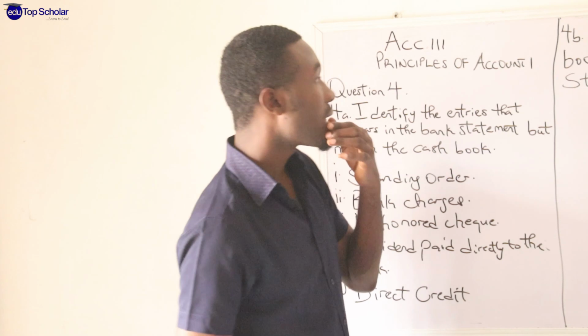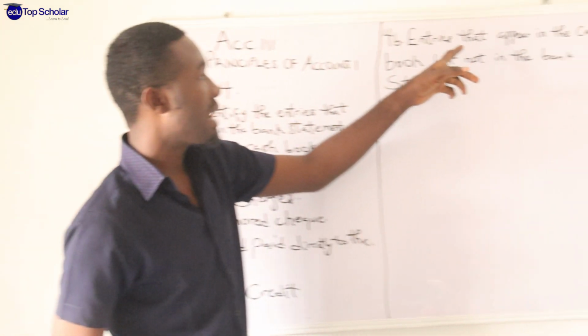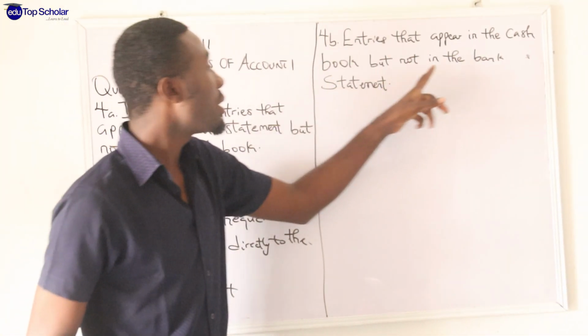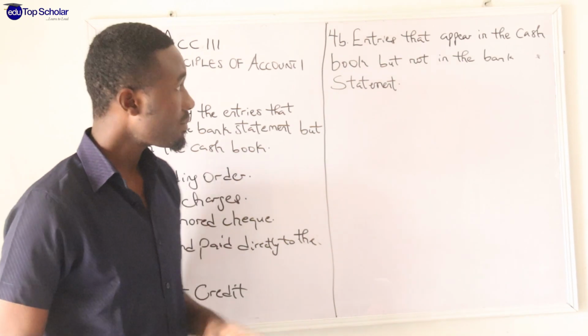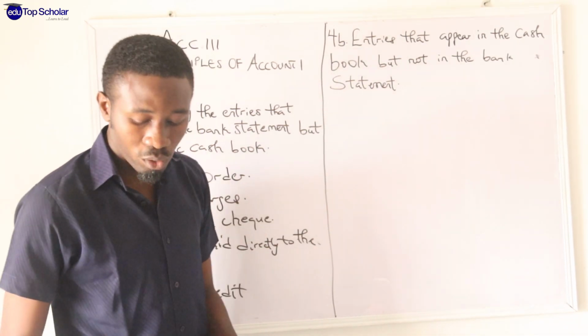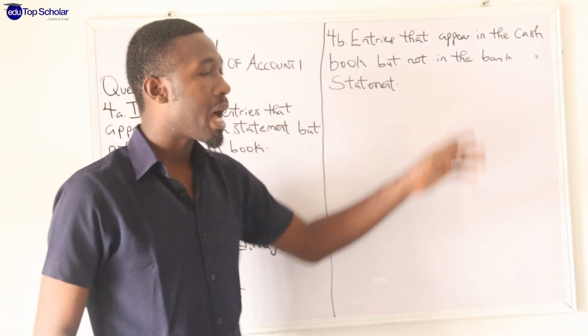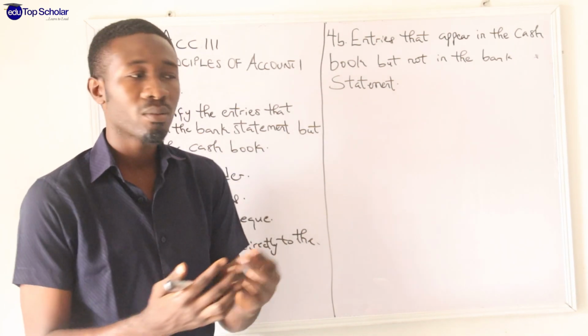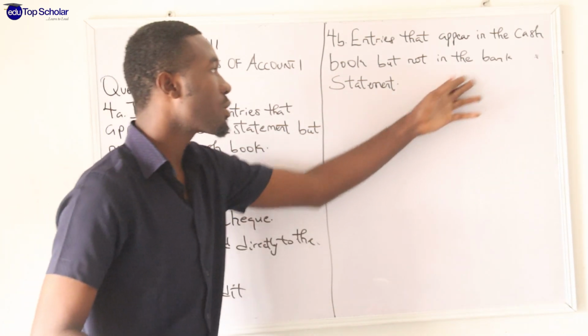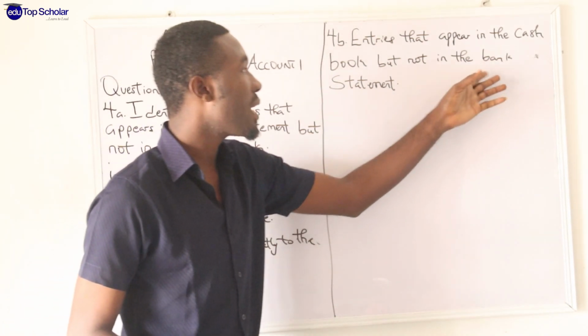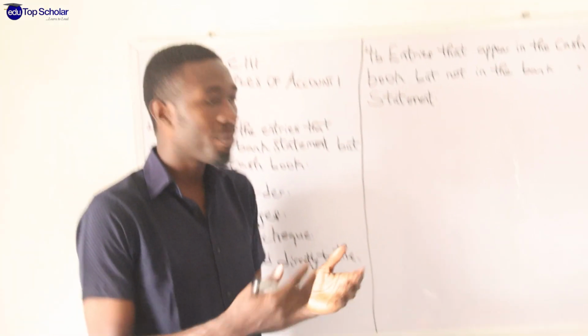Then 4b says, what are the entries that appear in the cash book but not in the bank statement? What does this mean? There are some transactions that you have directly recorded, but the bank is unaware of. So it will not appear in the bank's book, but it will appear in your book.